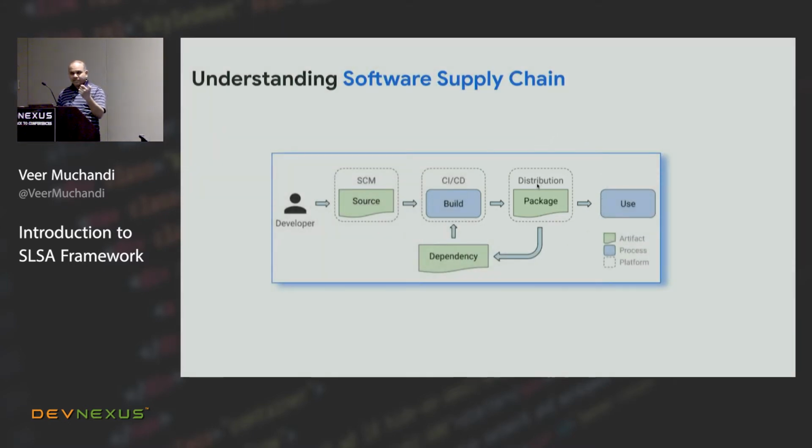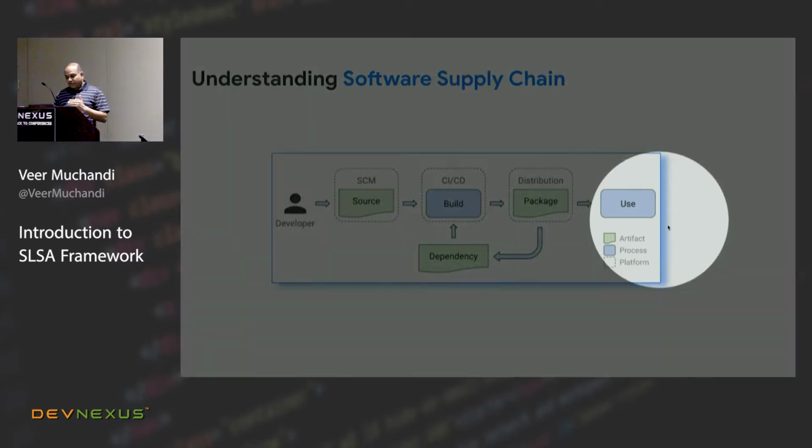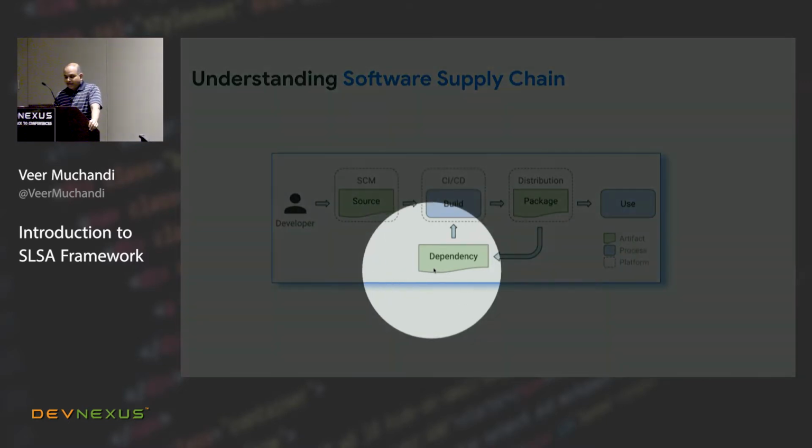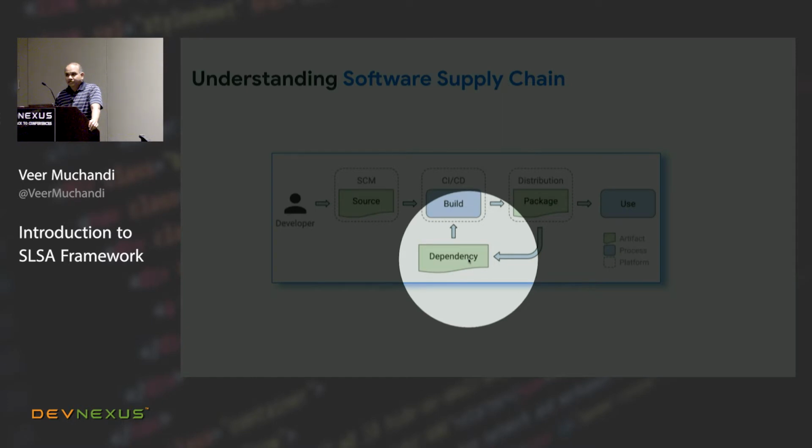So the container image is the artifact, the container registry is the distribution platform. And then let's say while you are building your code, you are dependent on certain libraries or packages, or even a base Dockerfile used to create your application's container image, then that Dockerfile will become a dependency for you, right?